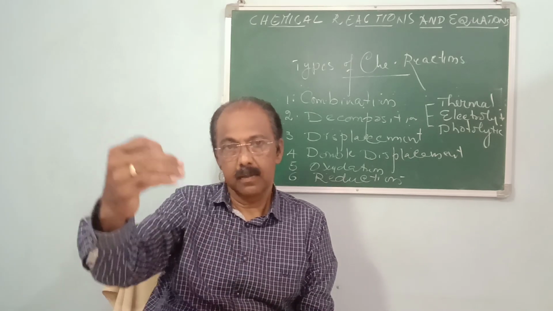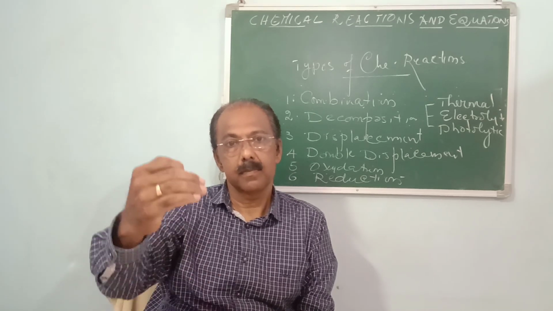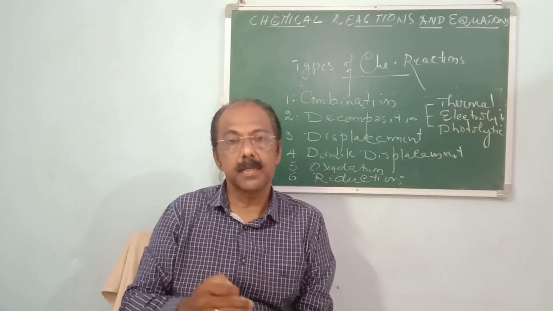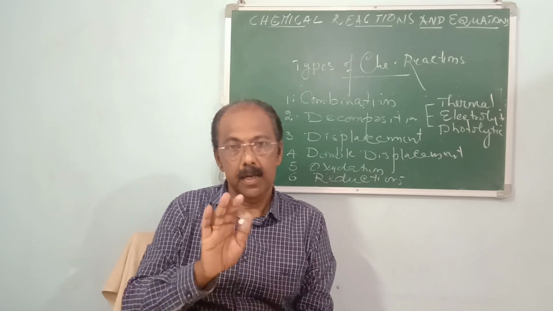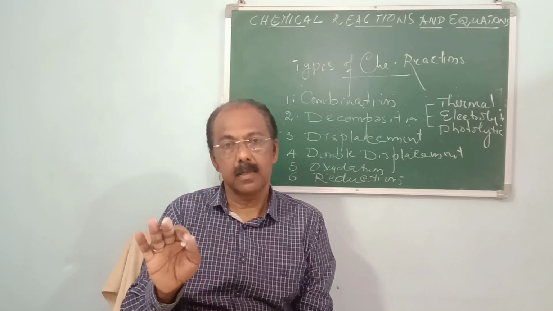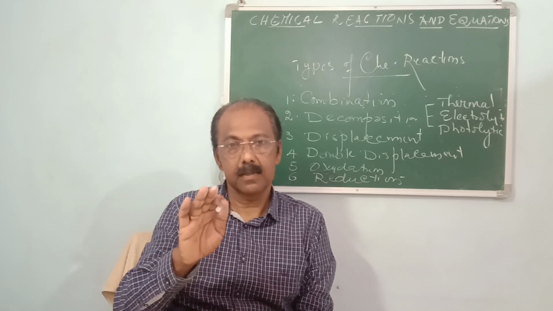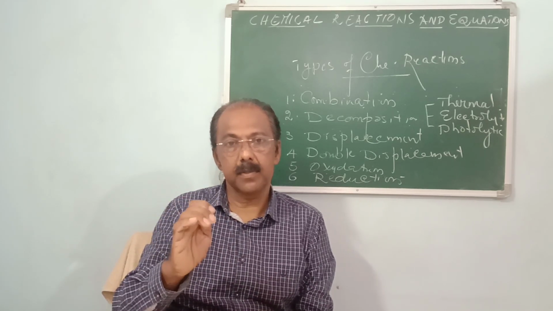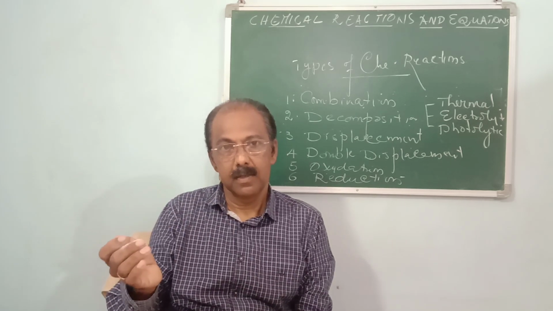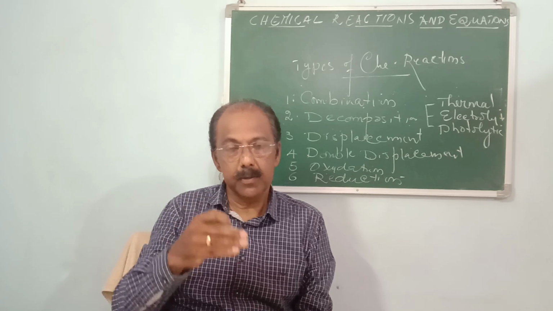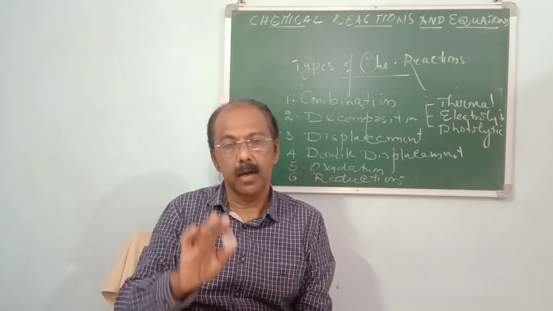This way, one by one, you have to complete activity number 1, 2 and 3. So aim and chemical equations you have to write. The chemical equation you have to write after the observation that I will give you. And other details going through the activity you have to complete.